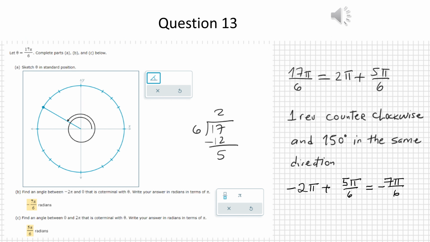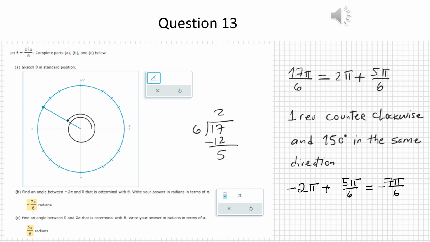In this question, 17 pi over 6, positive. So you divide 17 divided by 6. You see that it is 2 the whole part and 5 over 6 the fraction part. Basically 17 pi over 6 is equal to 2 pi, which is 1 revolution, counterclockwise of course, plus 5 pi over 6, which is 150 degrees in the same direction.